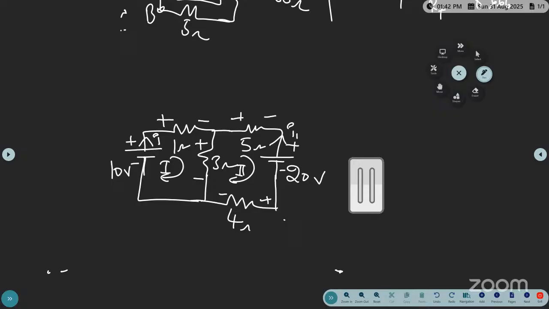Okay, so I repeat: assign plus and minus symbols for individual elements, the elements which don't have plus and minus symbols, by traveling in a clockwise direction for loop 1, loop 2, loop 3 and so on.